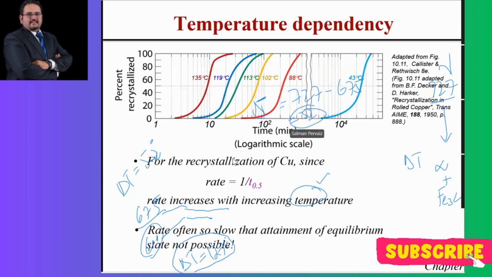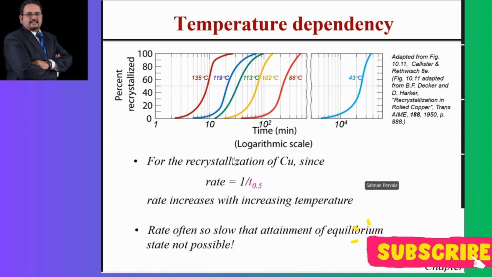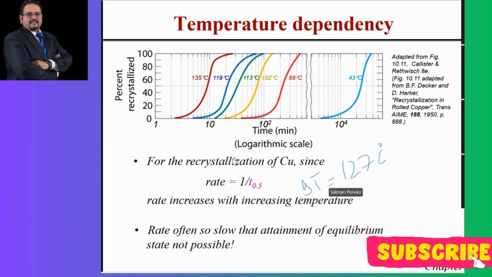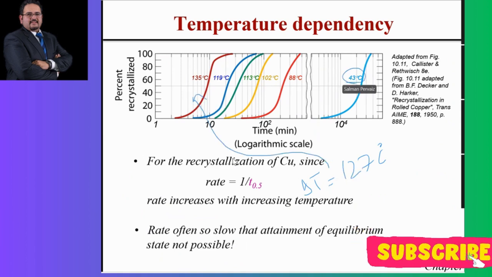So if I try to plot, where do you see these two different temperature ranges? Where you have more temperature difference, would it be on this side or on this side? 127 will be on the left side, and the 52 will be more to the right side. That's true. So this temperature range is technically delta T.